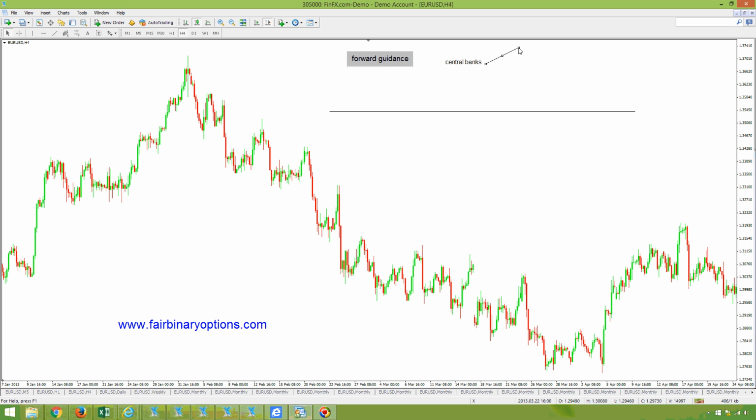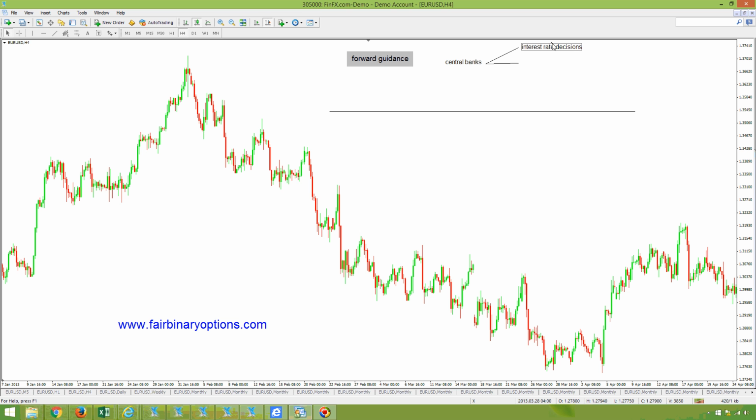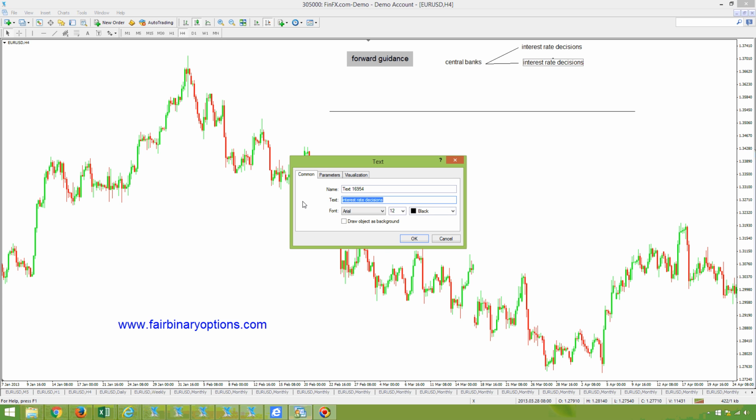First of all, look for interest rate decisions. Then look for press conferences or rate statements after the interest rate decision.